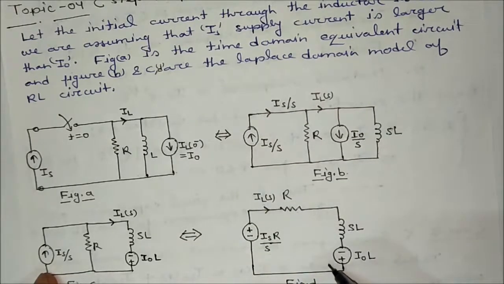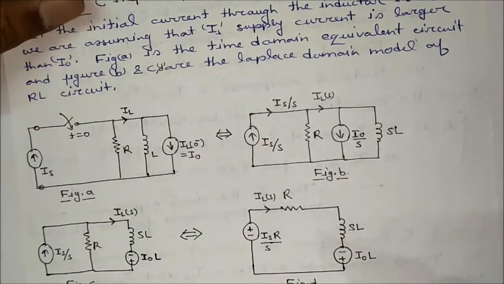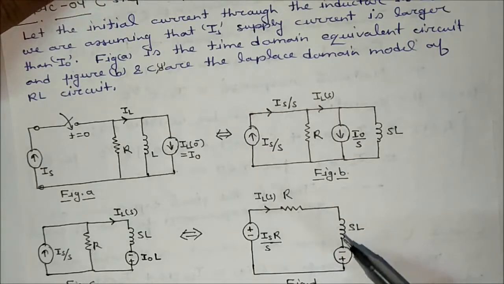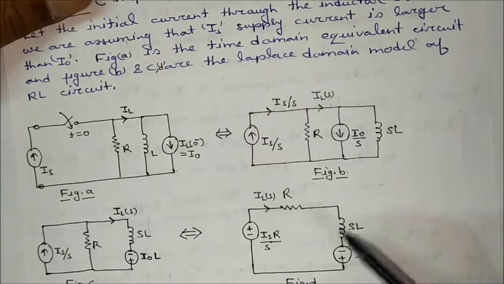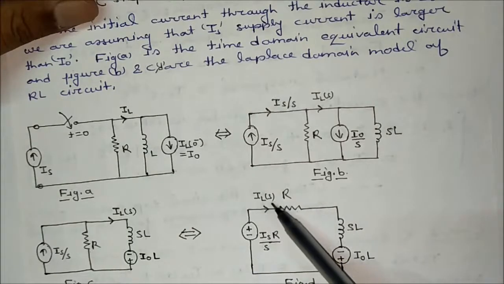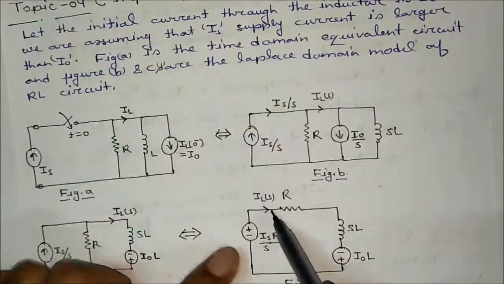It's a voltage equivalent circuit. Now we are interested in finding ILT, the total current flowing through the inductor. To calculate ILT, we have to calculate ILS. What is the value of ILS?